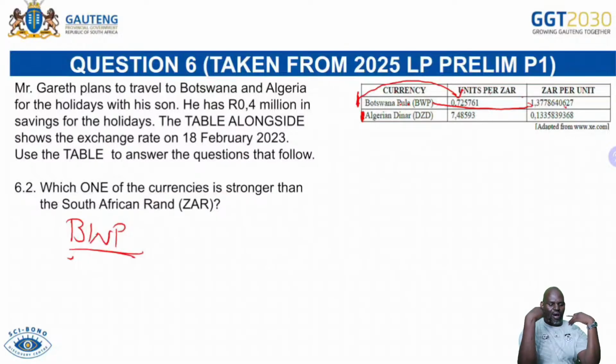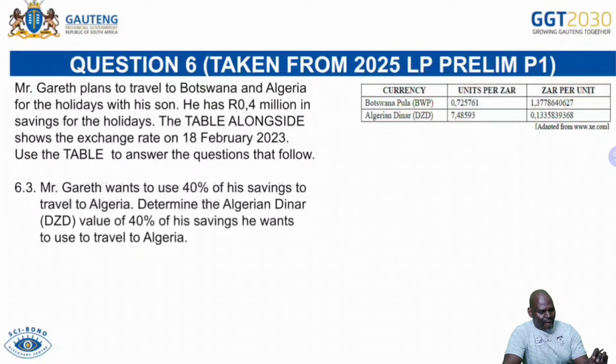It means their currency is actually weaker, because they're going to get more of this. So BWP is stronger than the South African rand.